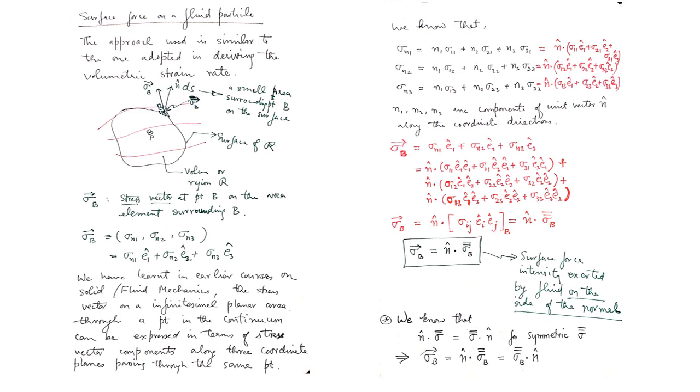Because its size is arbitrary, we can take it progressively smaller and smaller. So in the limit if this volume is taken infinitesimal, it collapses to the particle of my interest, and if I can examine the limit, that will be the answer to my original problem of expressing surface force on a fluid particle.